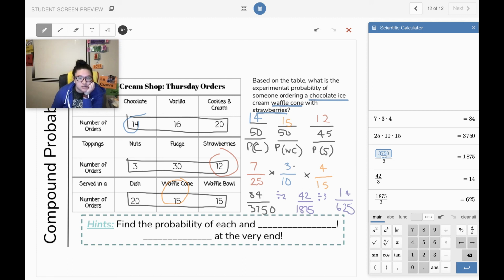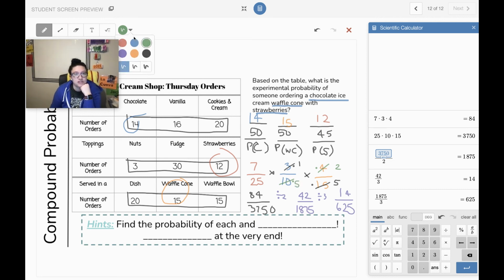And I see here 3 and 15, their numerator and denominator, those can simplify because they're opposites. 3 divided by 3 would give me 1. 15 divided by 3 would give me 5. And I see I can also simplify this 7 and that 4 because they're both even. 4 divided by 2 gives me 2. 10 divided by 2 gives me 5.